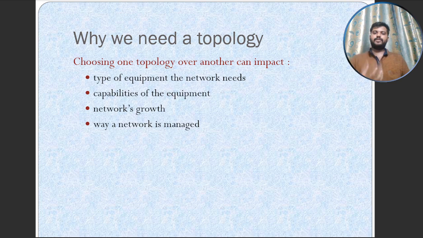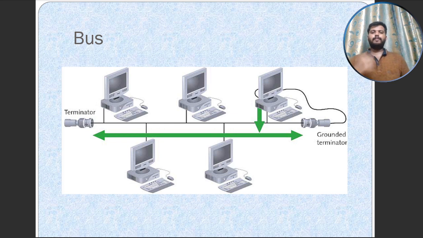If there is a physical topology, we require different elements like cables, hub, switch, router, according to the requirement. So if we want to interconnect different devices physically, we require a topology. Simple.